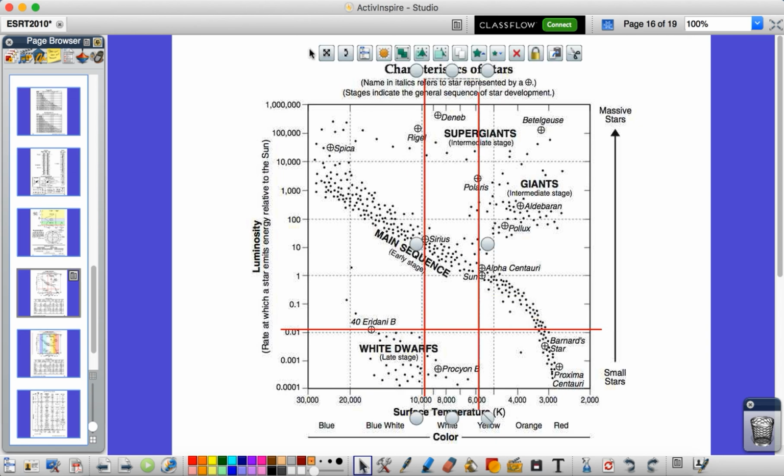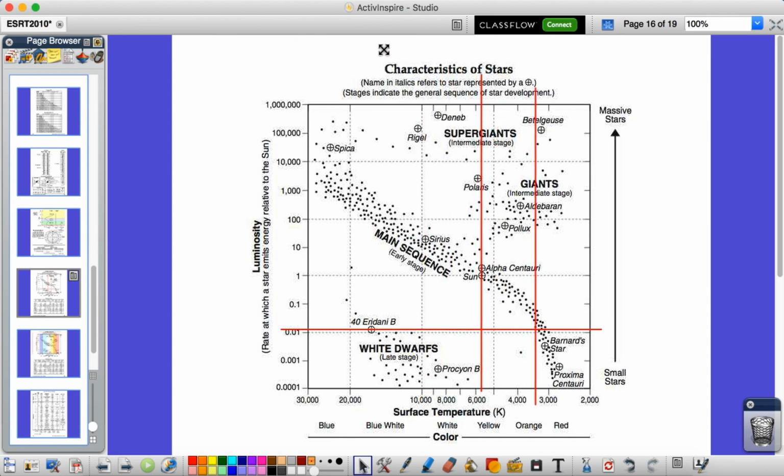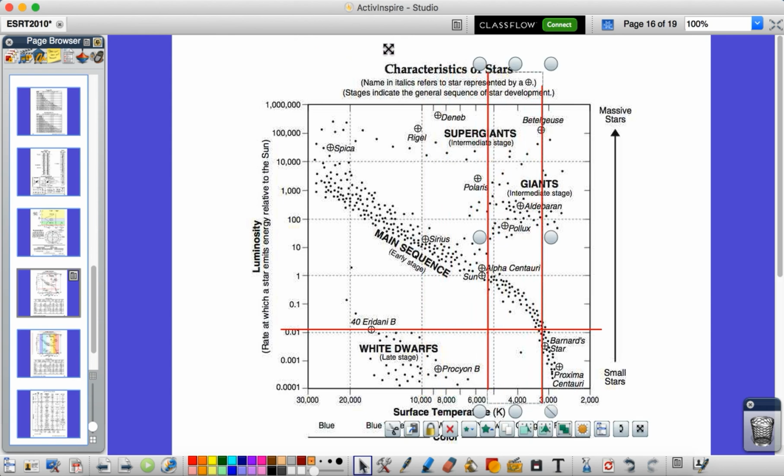Betelgeuse and Barnard star. See that? They have very similar temperatures, around 3,300 degrees. And yet, Betelgeuse looks like it's well over 1 million times brighter than Barnard star. Maybe 10 million times brighter than Barnard star.